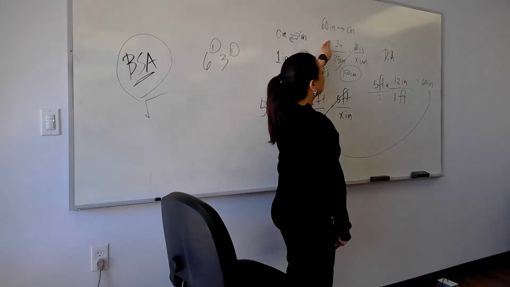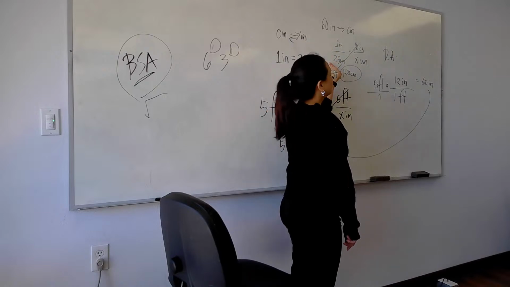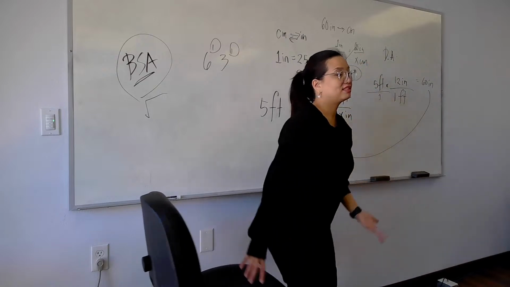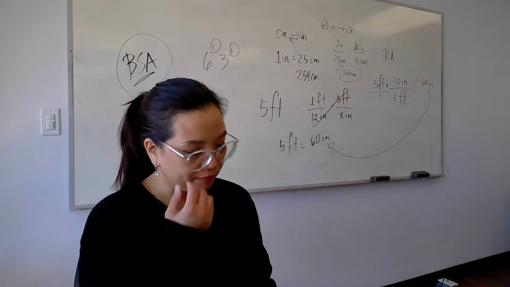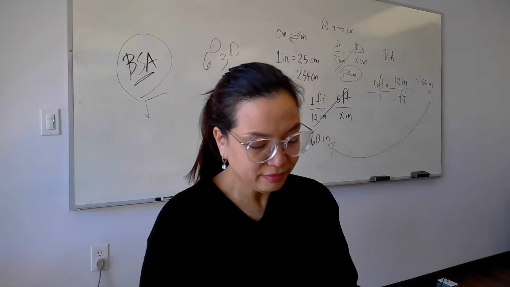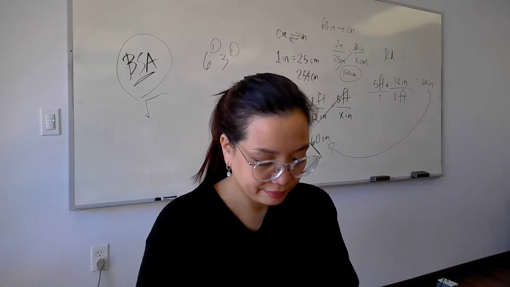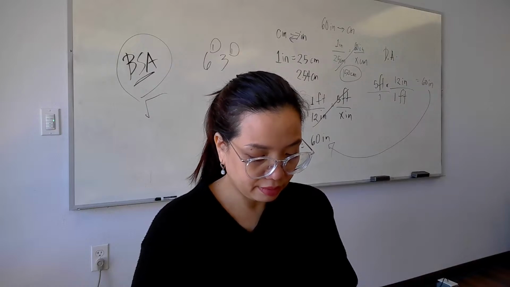If it's the other way around, you'll still start off with this one, but you will have a centimeter and an inch, if that's the question. So both ways we multiply.